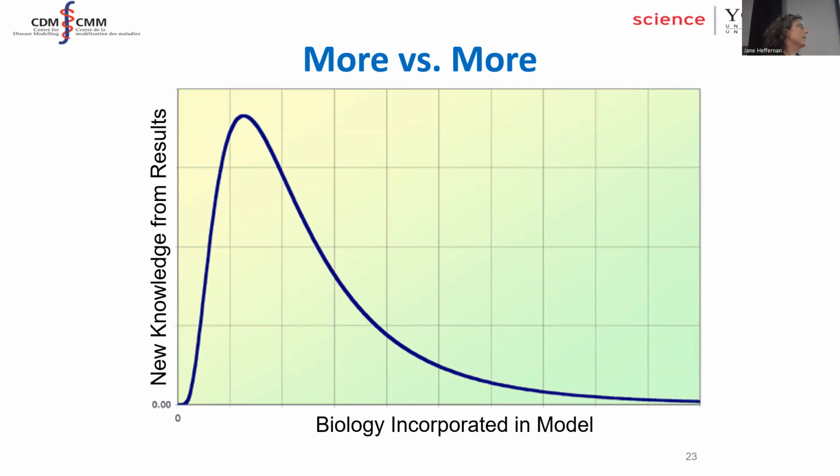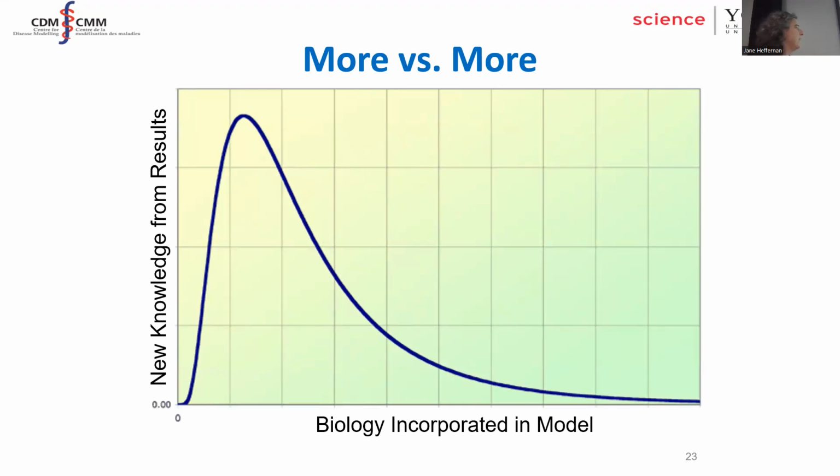And there's usually a want for us to incorporate more and more of the biology into our models. Okay. We also have to consider what we know already about the biology and what data we have, if we do or don't have data. And what we want from our models is some new knowledge from our results.